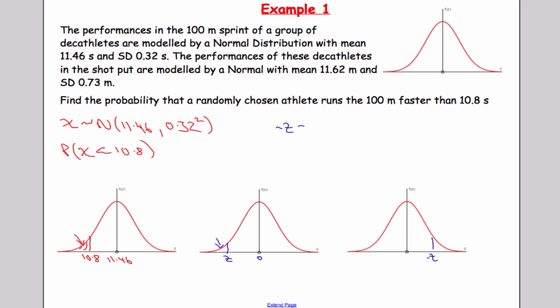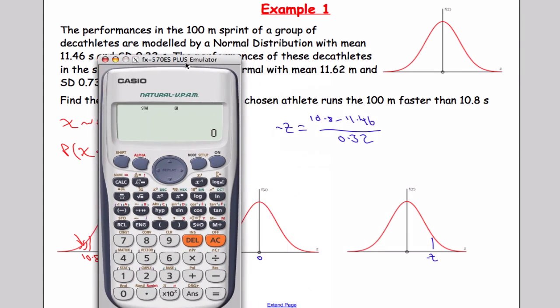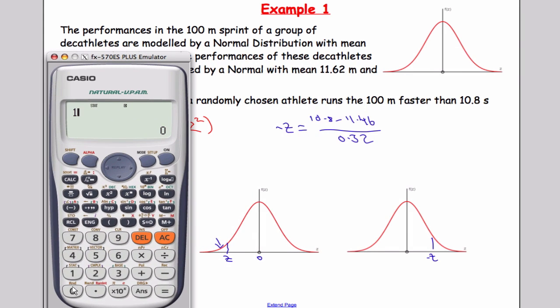Okay, so I know that negative z in this case is going to be equal to the raw score, 10.8, minus the mean of 11.46, divided by the standard deviation, which is 0.32. So let's pop that into a calculator. I'm going to do 10.8 minus 11.46, and then divide that by 0.32.